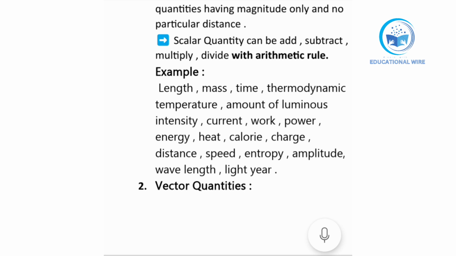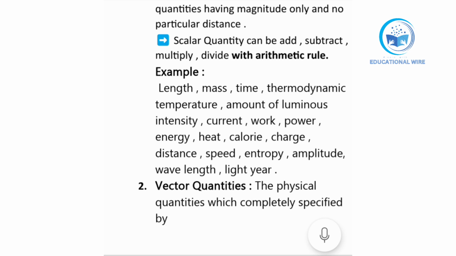Here we can say the physical quantities which are completely specified by a certain number with suitable unit, and having a particular direction.